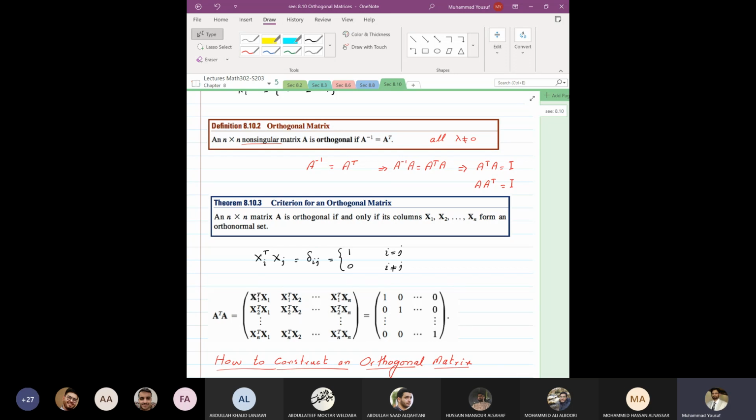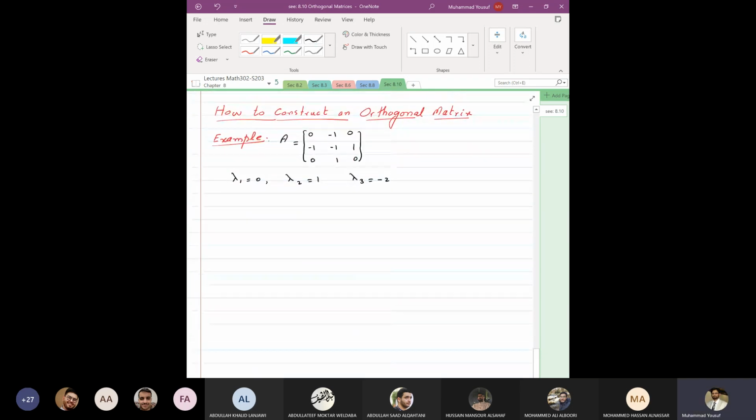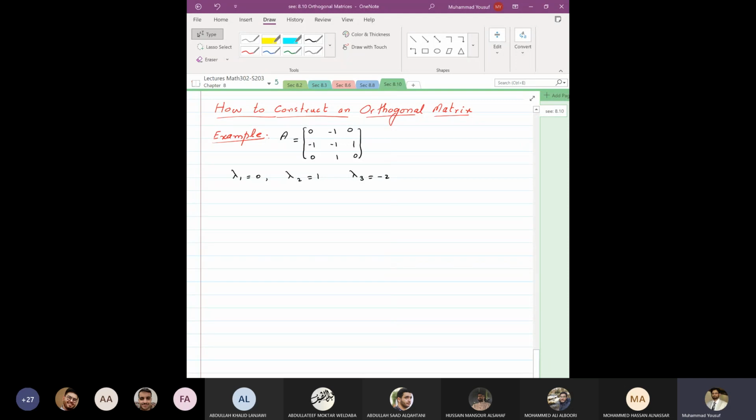Without checking, just looking at the eigenvalues, this eigenvalue is telling us this is singular, but the definition of orthogonal matrix is for non-singular. So this matrix A cannot be an orthogonal matrix. Anyway, we are constructing an orthogonal matrix from a given symmetric matrix. It is not orthogonal, but it is symmetric.